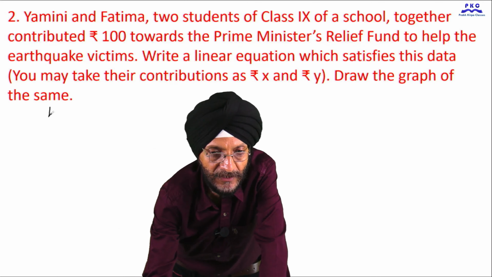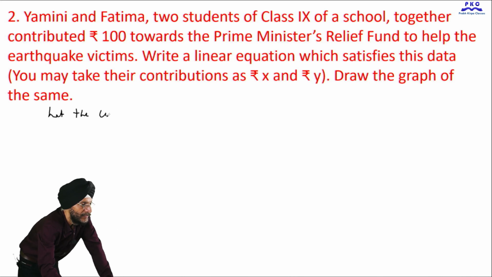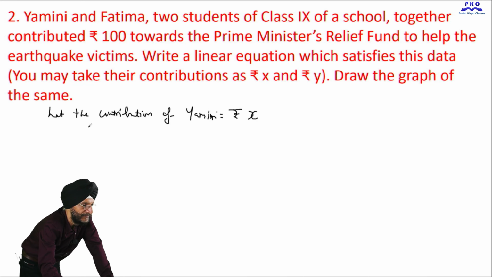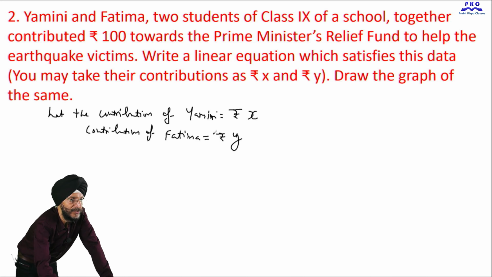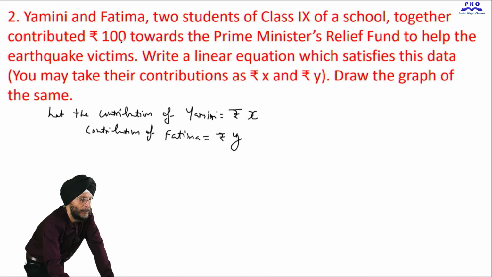That is, let the contribution of Yamini be rupees X. In the same way, we assume that the contribution of Fatima is rupees Y. Now it is also given in the question that both together contributed rupees 100, the total contribution.